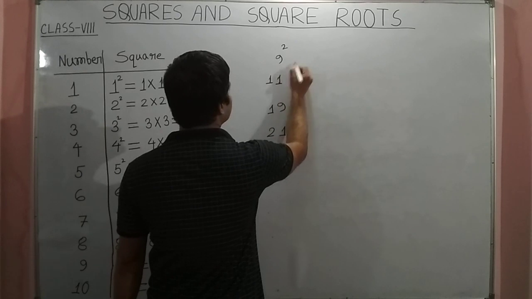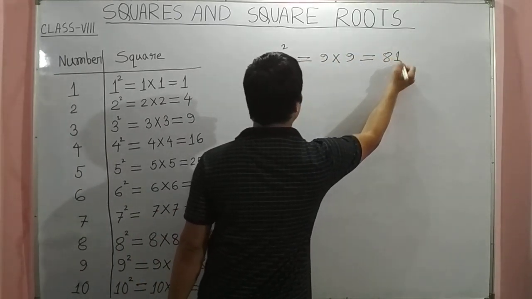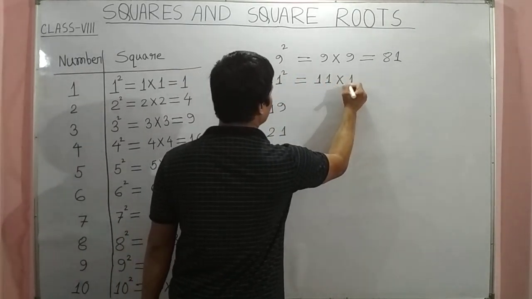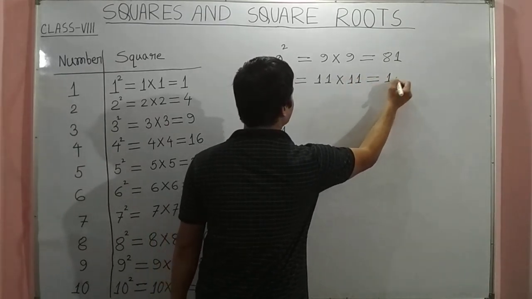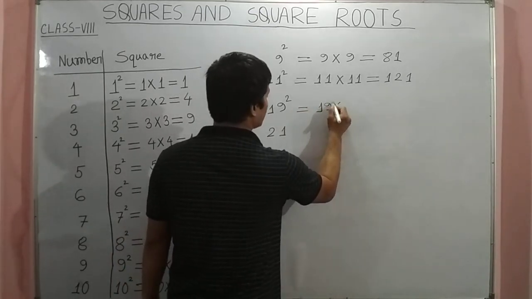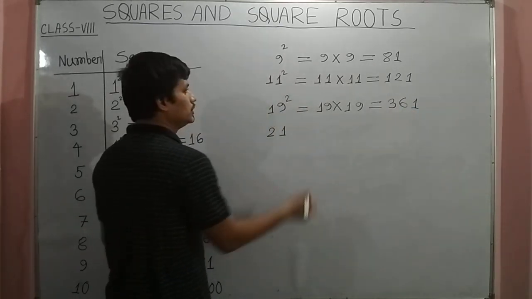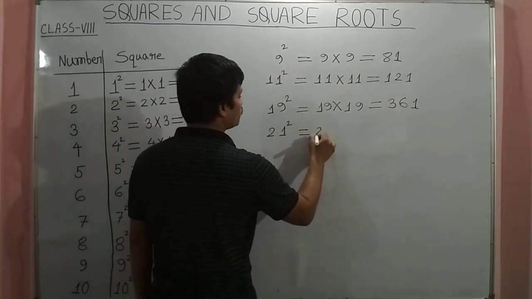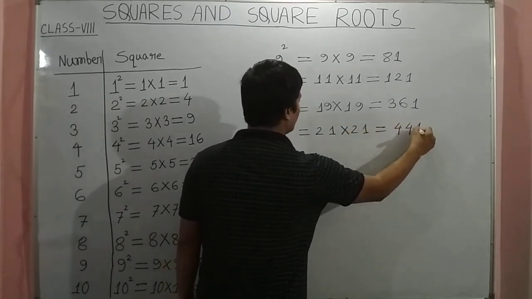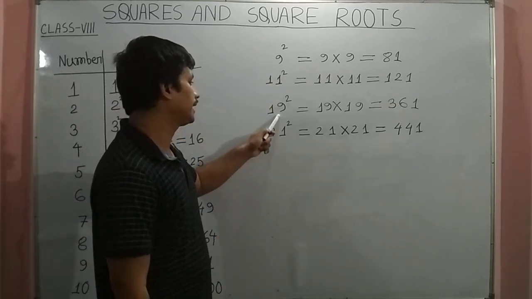Now we have to find the square of these numbers. 9 nines, this is 81. 11 square, this is 11 into 11, 121. 19 square, 19 nineteens are 361. 21 square, this is 21, 21s are 441.